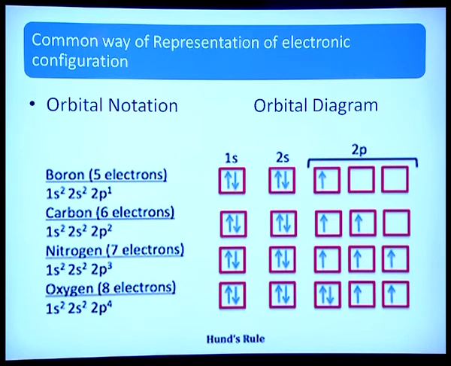Here we have taken the examples of boron, carbon, nitrogen and oxygen. In the orbital diagram method, the orbitals are represented by circles or boxes. Here we represented boxes, written in the order of increasing energies. The respective electrons are indicated as arrows whose directions represent their spin.